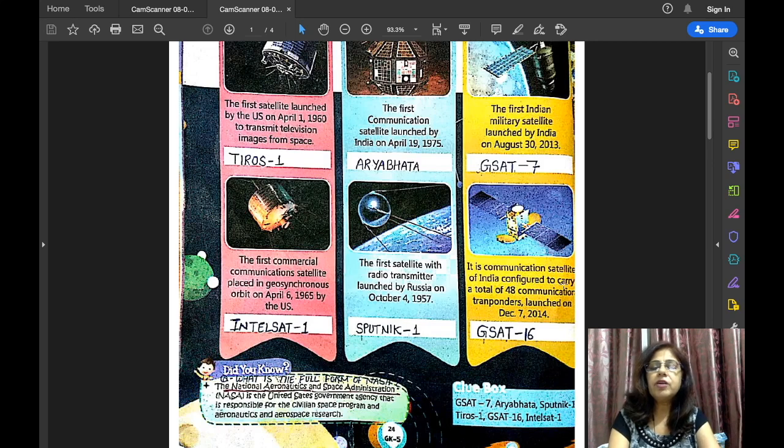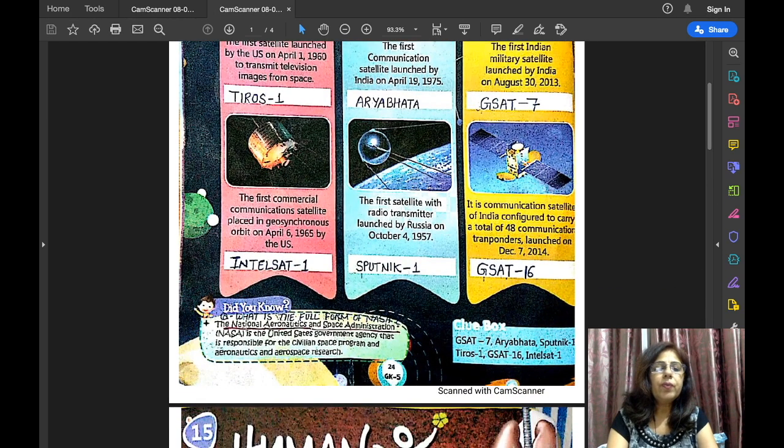It was configured to carry a total of 48 communication transponders. Now what are transponders? Transponders are devices for receiving a radio signal and automatically transmitting different signals. So this was launched by India on December 7, 2014.